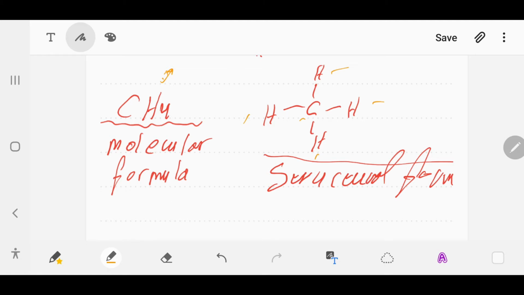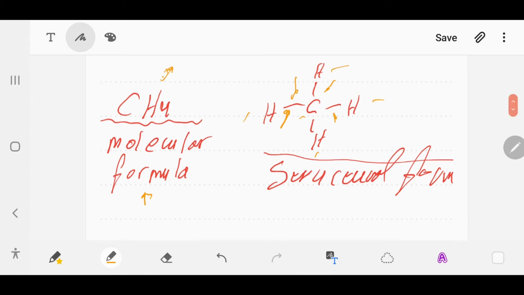But in the structural formula, we can see the arrangement of atoms and how they are combined to each other with the types of bonds inside. So here we can see single bond, single bond, single bond, single bond. And we can see that the 4 hydrogen atoms are arranged around the carbon atom, while we can't see these points here in the molecular formula. So this is the difference between structural and molecular formula.